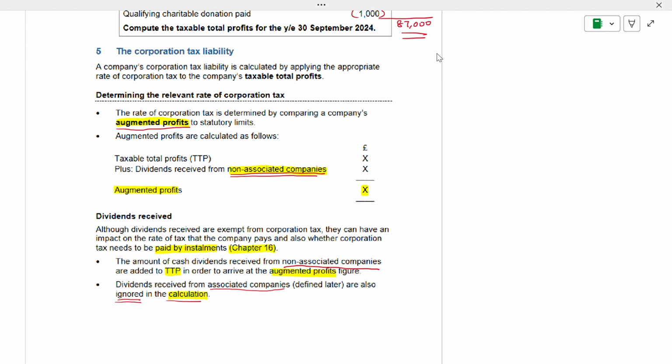They will mention very specifically whether they are associated companies or not. For example, they mention dividend from non-associated companies 12,000 pounds, dividends from associated companies 3,000 pounds. If non-associated companies, you have to add. If associated companies, you should not add.